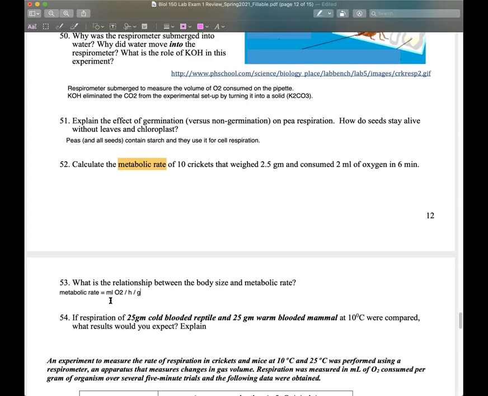Okay, so now that we know what our units are, this will help us extrapolate what we need from this.